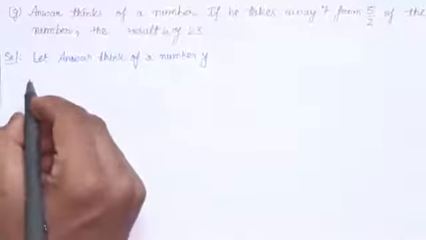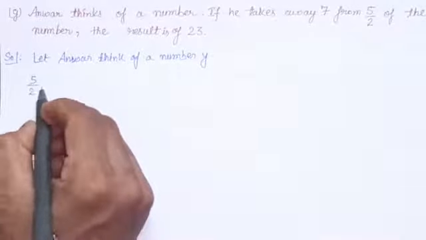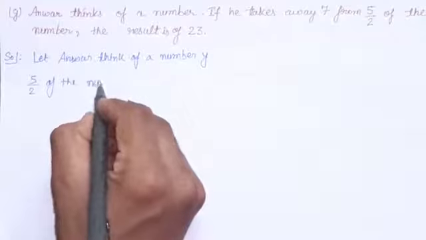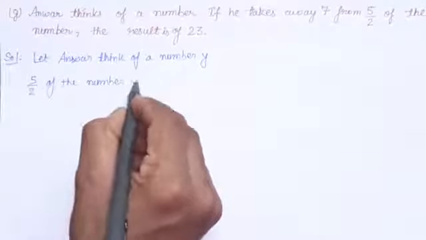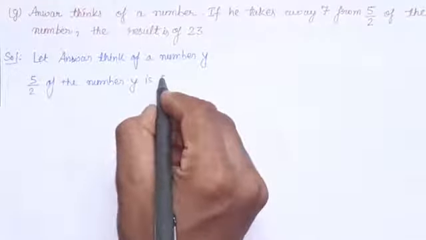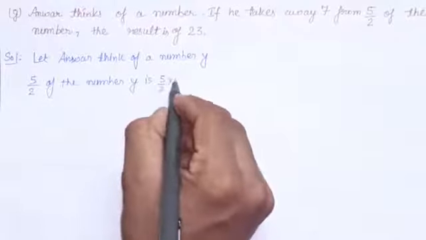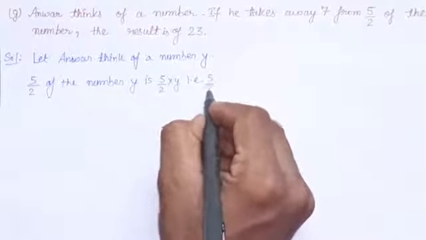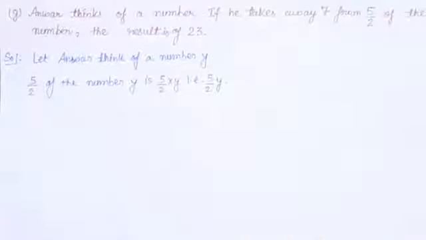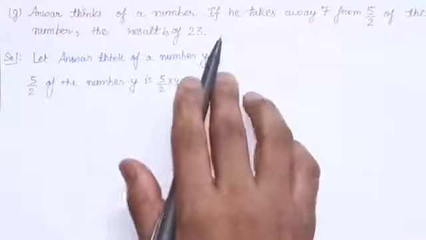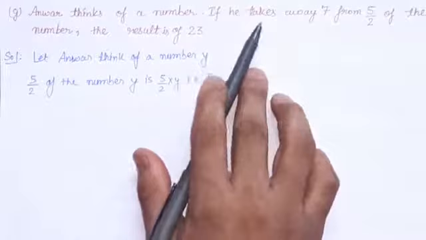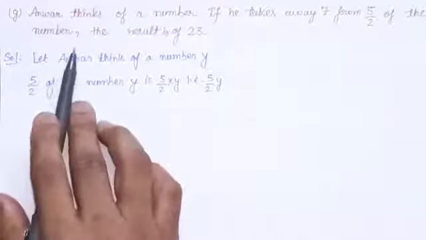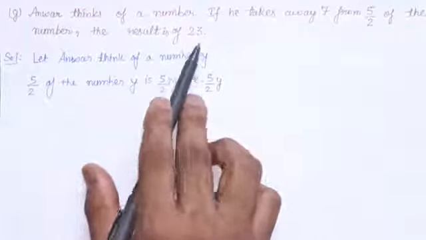of this number is 5 by 2 of the number y, is 5 by 2 into y, that is 5 by 2 y. Okay. Now again, when he takes away 7 from 5 by 2 of that number, then the result is 23.